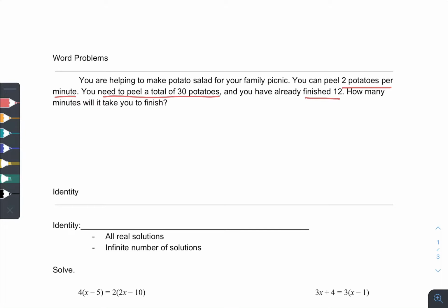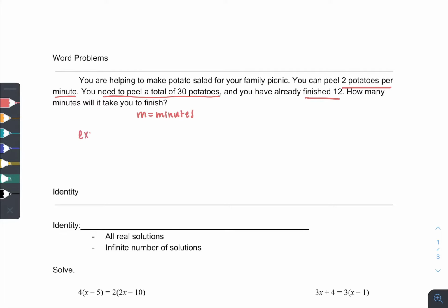Okay, so let's start with our potatoes. I'm going to call P my potatoes. Or I'm sorry, not potatoes. We already know how many potatoes we have. We need M to be our minutes. And so let's talk about the time it will take. Or not time, but our expression for the potatoes.